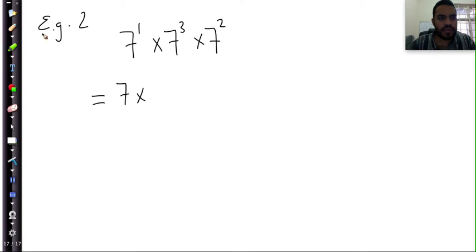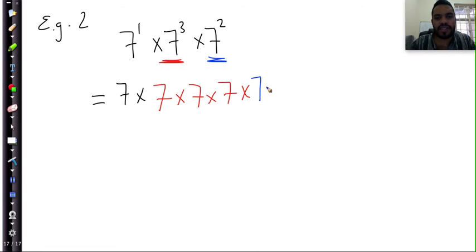I'm going to change the color here and put that in red below. That's 7 times 7 times 7, times, and I'm going to underline this in blue, 7 times 7. 1, 2, 3, 4, 5, 6 times. And that gives me 7 to the power of 6.